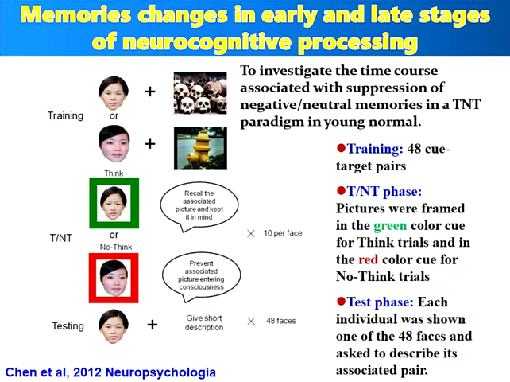Second, EEG was recorded while participants viewed the faces in TNT periods. Pictures were framed in a green color cue for think trials and in a red color cue for no-think trials. Last, at the testing phase, each individual was shown one of the 48 faces and asked to describe its associated pair.